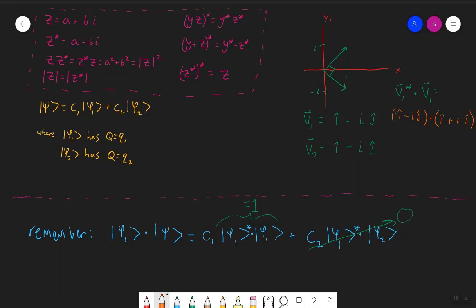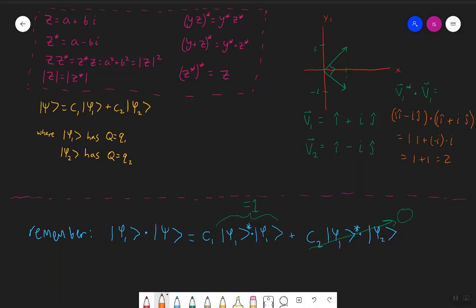And we know how the dot product works here. We take 1 times 1 plus negative i times i. 1 times 1 is 1. Negative i times i, hopefully you know, is 1. So this is 1 plus 1, which is 2.